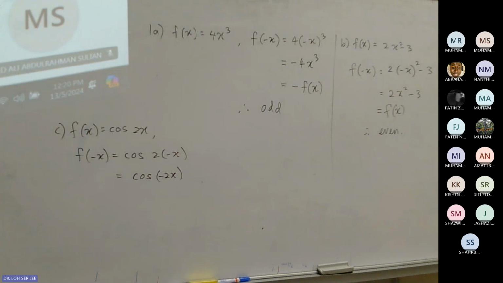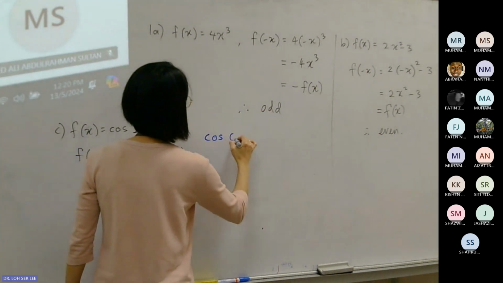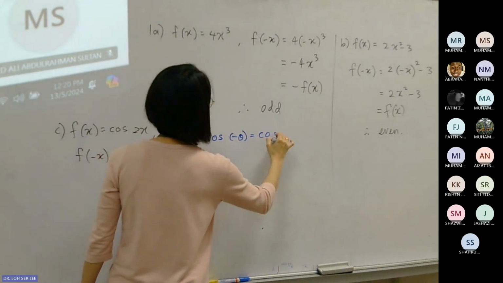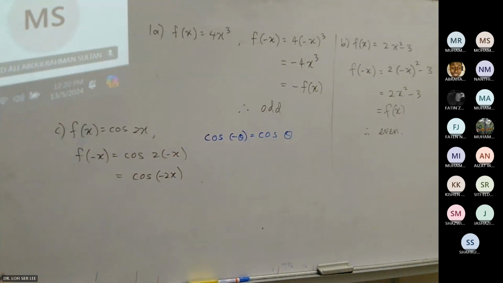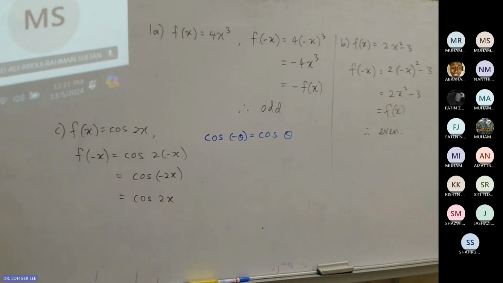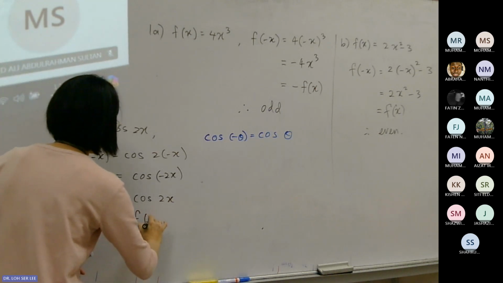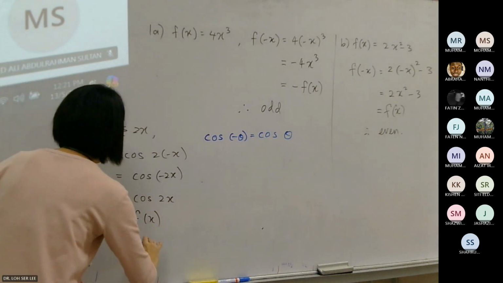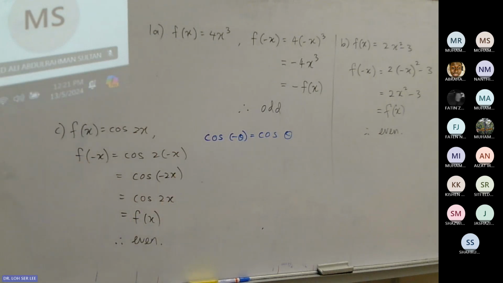And for the cos function, cos negative theta equals cos theta, right? That's why you get this. Hence, this is f(x).